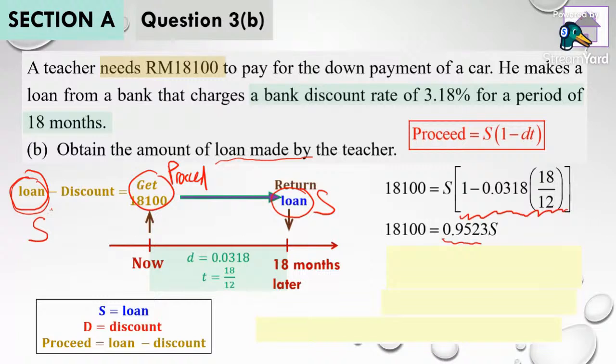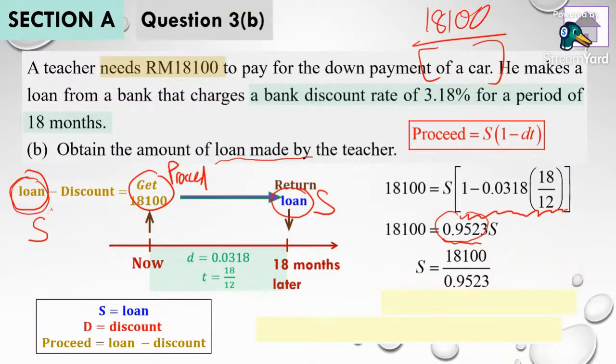Of course, if you want to put the calculation as 18100 over the bracket terms and then press the calculator in one shot, also can. But here, this is the way that I solve. And then what I do next is that I divide both sides with this figure here, 0.9523. And as a result, I have my answer.